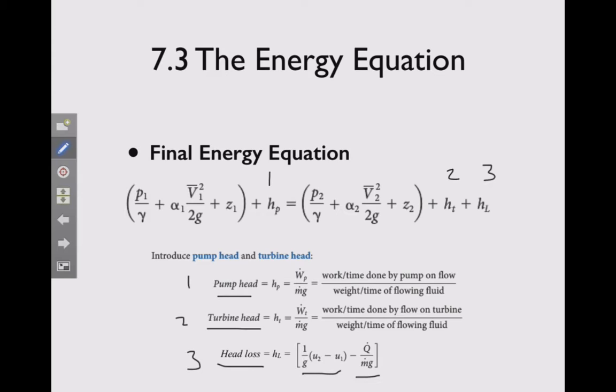And so it's basically a loss term that's going to extract energy out of the fluid because we don't have a perfect situation. This is analogous to thermal energy that is produced by friction, as in some of the statics and dynamics problems that you've done in the past.